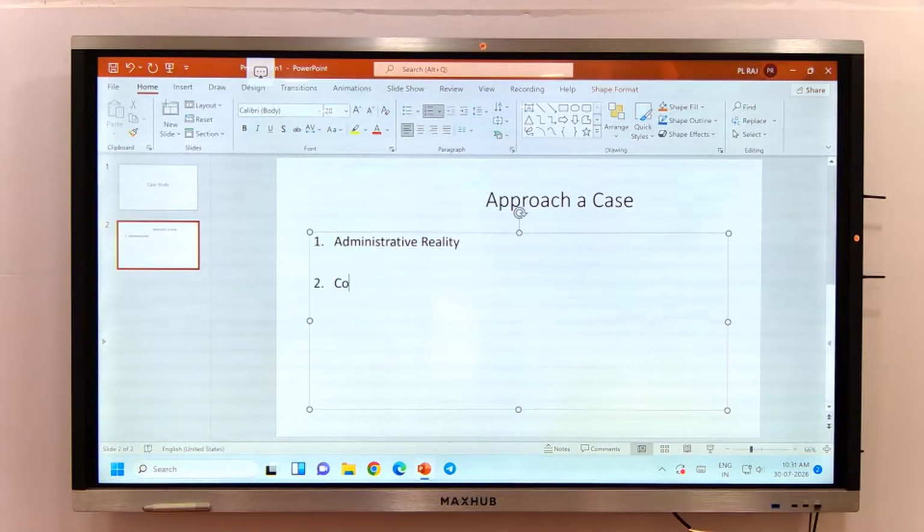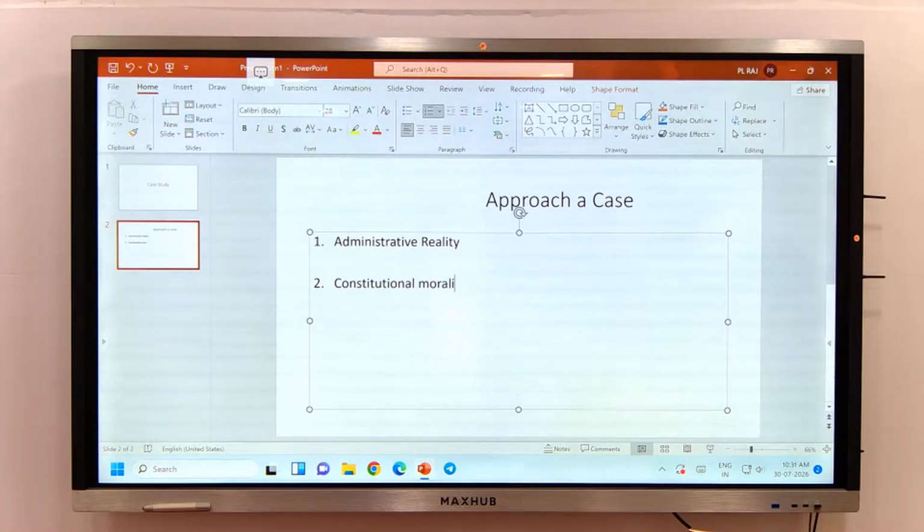Then the second one is constitutional morality. Constitutional morality is the cornerstone of an attitude of resolving any case.